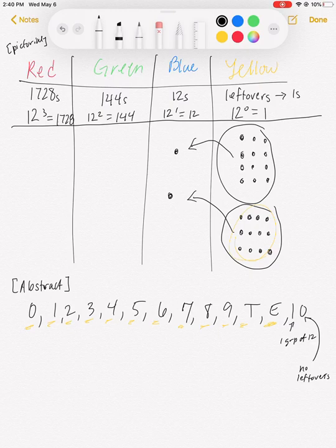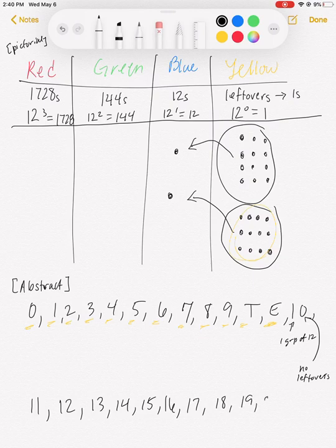Okay, so as we continue on, that's 10, 1 1 base 12, 1 2 base 12, 1 3 base 12, 1 4 base 12, 1 5 base 12, 1 6 base 12, 1 7 base 12, 1 8 base 12, 1 9 base 12, and I don't go to 20 next, no. I need to add more objects into the ones place, the leftovers, to get to 12 objects.